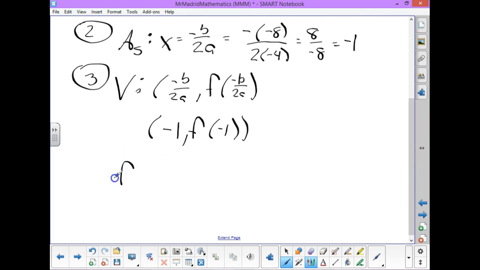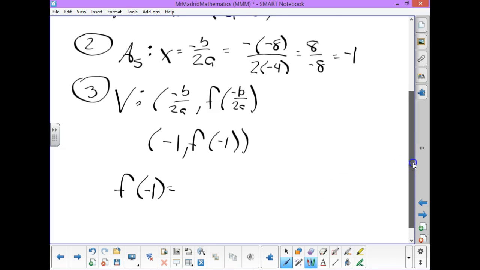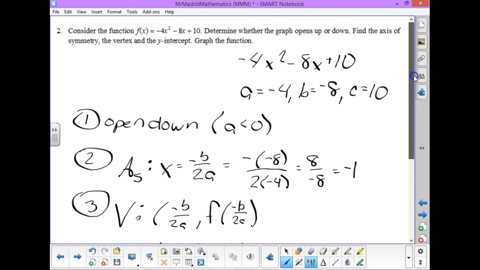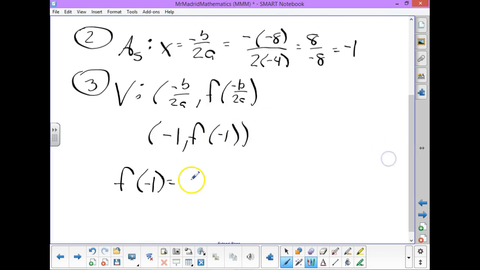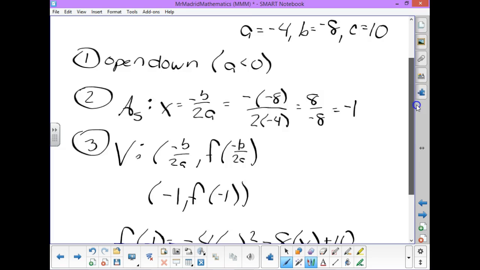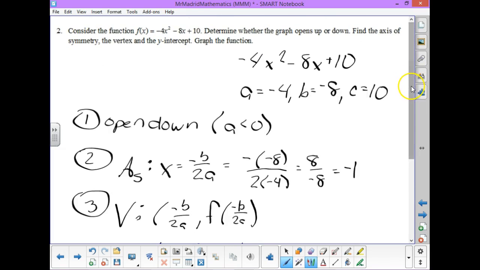Let me write out f of x here, because this is the only thing we have to calculate. Right, it was -4x squared minus 8x plus 10. Gotta verify. -4, -8, 10.